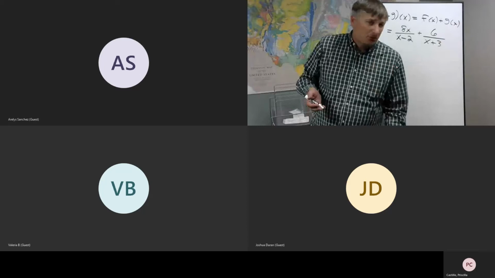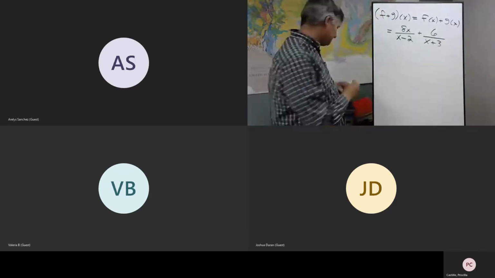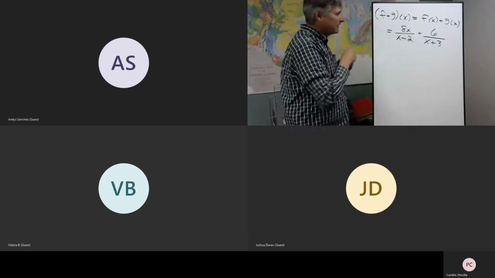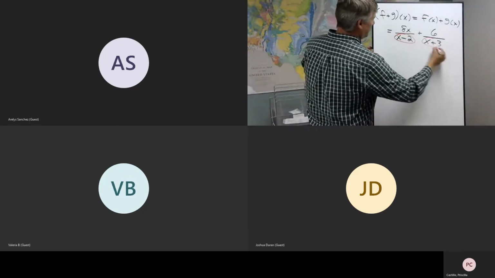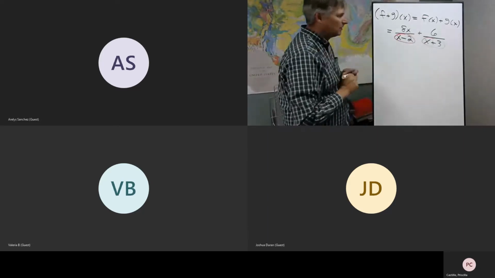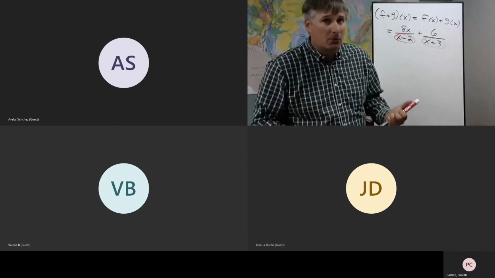Are there any square roots? No square roots. But we have two divisions. We have to be careful with dividing by this and dividing by that. We want to see where these are equal to 0, because that'll tell us what numbers to avoid.